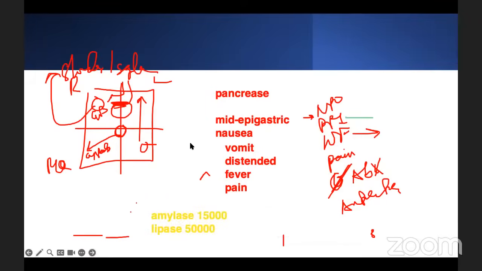And when it gets inflamed, the enzymes that it secretes come out. And so you should expect the enzyme levels to go up. Amylase, no matter the number, don't worry about it. The lipase, just let it be.